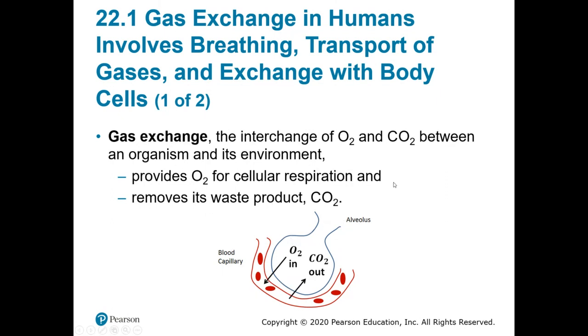All right. Now, in the body of a human or any other animal that carries out cellular respiration, they're carrying out basically a combustion reaction. You're taking glucose, and then you're converting that over into CO2 and energy. And basically, we have to get rid of that waste product that's a result. It's just like burning a piece of wood or gasoline. We have that CO2 come out of the tailpipe.